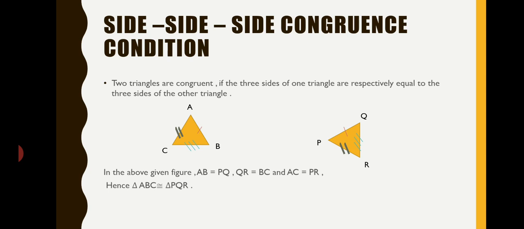See, the three sides are equal. So triangle ABC is congruent to triangle PQR. Side side side means three sides of one triangle are correspondingly equal to the three sides of the second triangle.